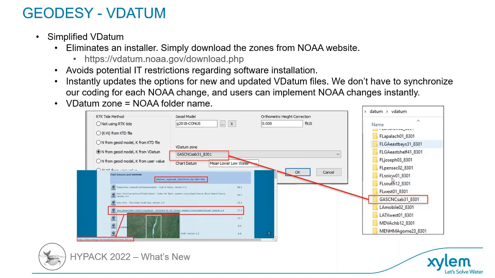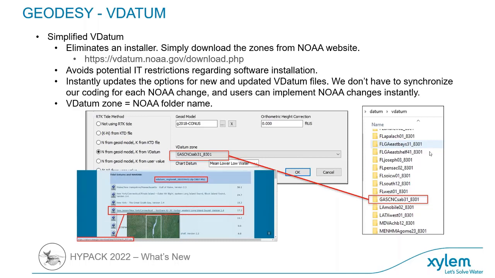If you get on the NOAA mailing list, they usually let you know when there's some updates. So go up there, grab the latest VDATUM zone, copy it into your HYPACK datum/VDATUM folder, and you're good to go. Still works the same, but we just made it a lot easier for customers just to go and download only what they need.